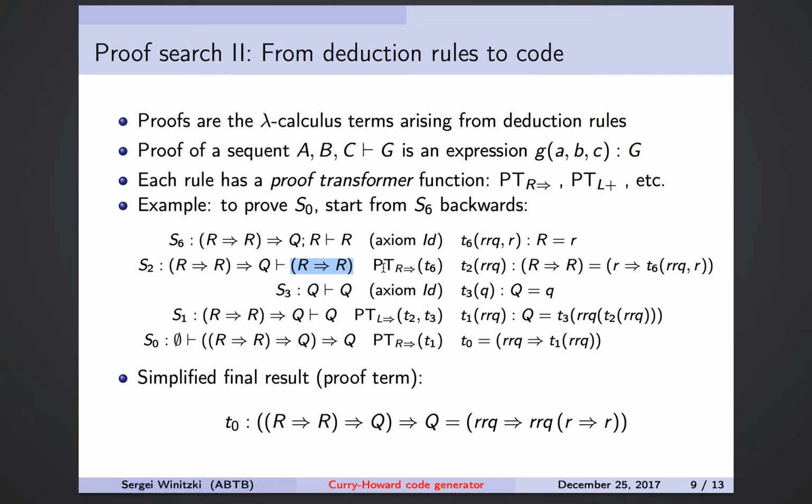So we apply the proof transformer for the rule right implication to the proof term T6. And the rule transformer takes that term and extracts R out of it and makes a function like that.